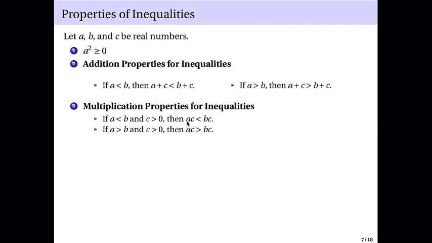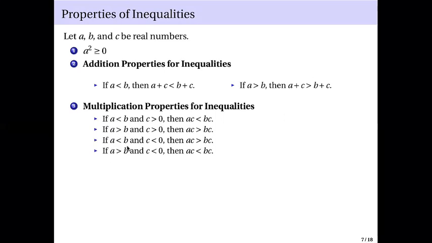Okay, so we will have AC less than BC. Or if A is greater than B and C is greater than 0, then AC is still greater than BC. Okay, so what you do on the left must be done on the right. If this is the case, your multiplier is positive, the inequality will retain.